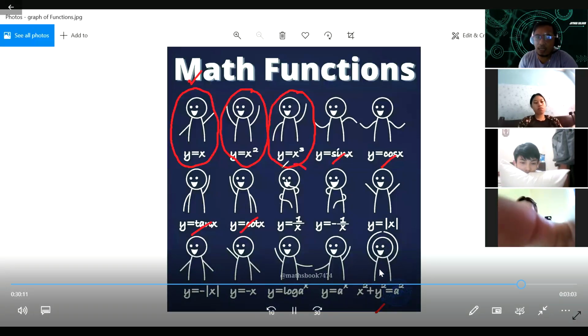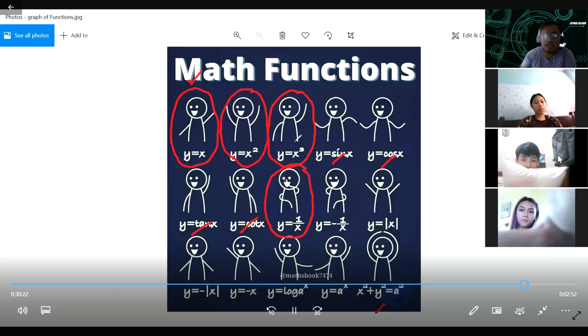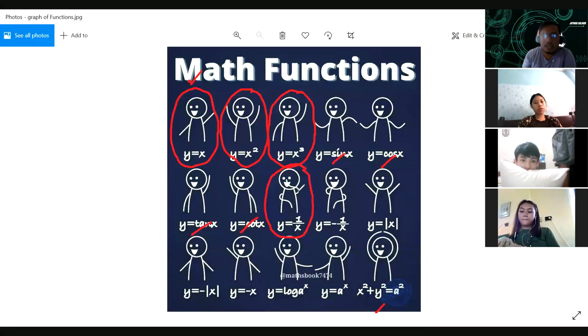Note that this is not a function. It's just a mere relation. The last one is 1 over x, and its graph will look like this one. If that is x, you take the reciprocal. It is called the reciprocal function.